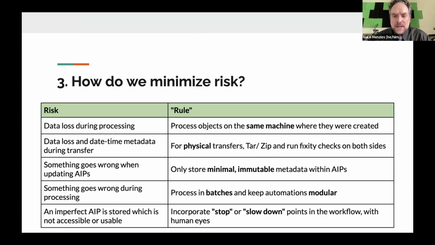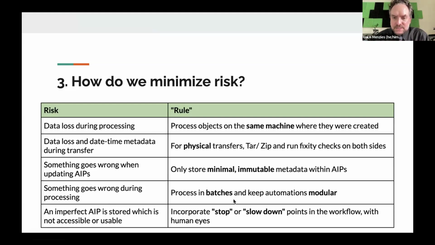And I know the Fedora repository implements OCFL, but we only store the most minimal metadata because this way we don't have to ever touch the preservation object in order to update the metadata. So we can update the metadata, we can do whatever we want with all of the metadata in a separate system, and we store that separately in preservation. And the actual packages don't have to be touched, except fixity checks.